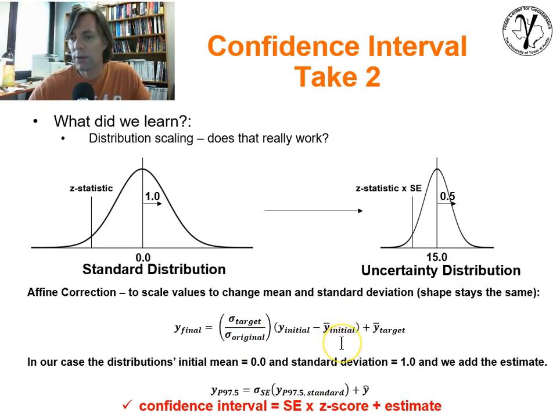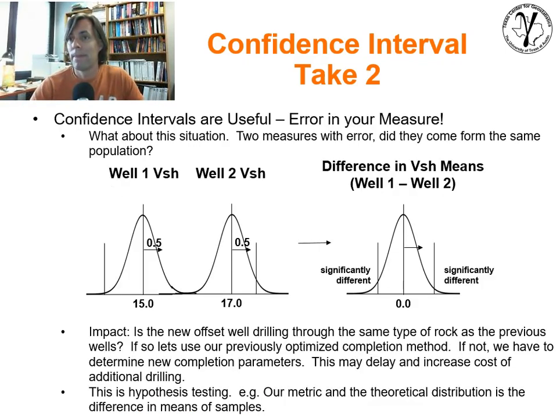And so we're able to go ahead and simplify the equation down to this, and this is exactly what we're doing. The confidence interval is going to be based on the standard error multiplied by the t statistic or the z statistic, and we're going to add in the estimate value. So just to think this through about exactly what we're doing with those z-scores and the multiplication, we're rescaling a standard distribution to now fit our problem.